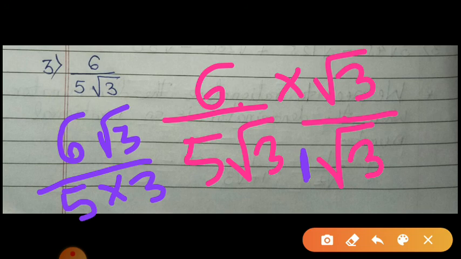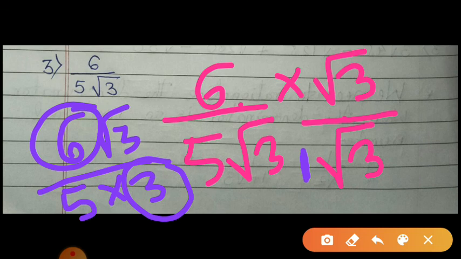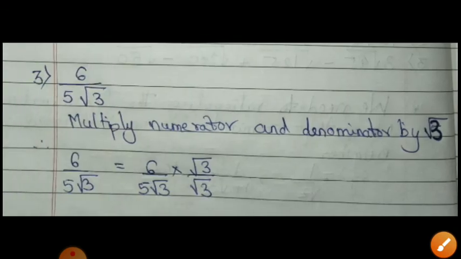Okay. So what will be my ultimate answer? The ultimate answer will be, now here either you can write 6 root 3 by 15. But can I have the simplest form? See, this is 3 and this is 6. So I can divide it. 3 ones are 3, 3 twos are 6.